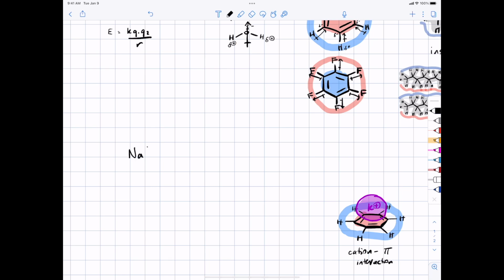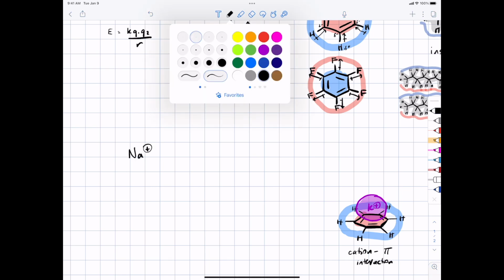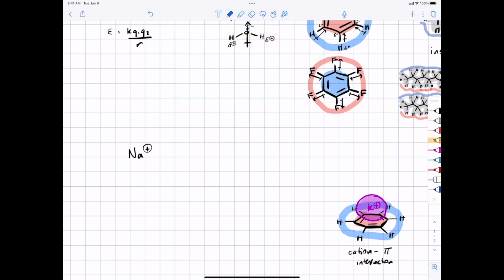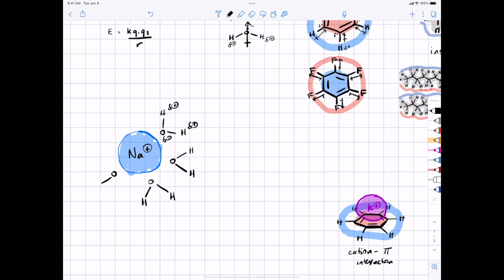For example, if you were to dissolve a sodium ion, we're using blue for positive charge, in water, the dipoles in water would tend to orient themselves so that the partial negative on oxygen was oriented towards the positive charge, and the partial positive on hydrogen was oriented away from the positive charge.